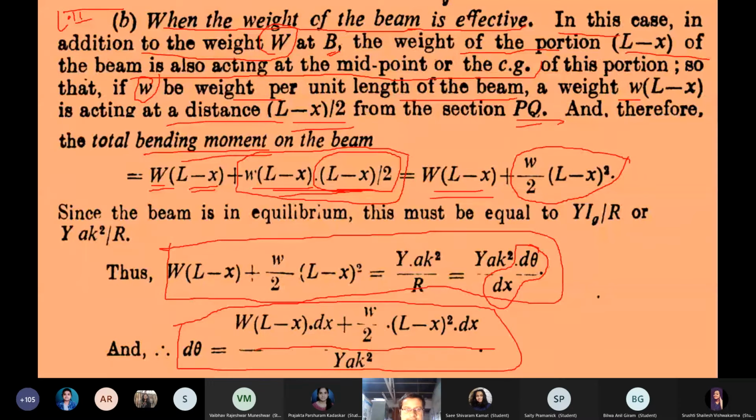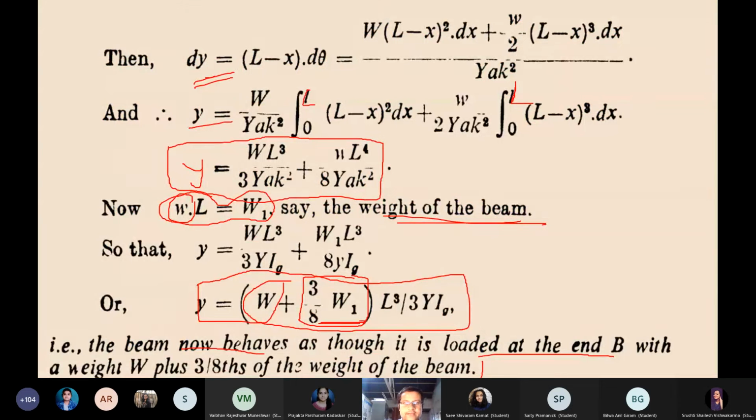In the other case, we consider its own weight, and for that we again consider some approximation: the midpoint, the center of gravity, the average length of this portion, to be added to the earlier W. We calculated the total bending moment of the beam, and further calculated how much depression is produced when its own weight is responsible.